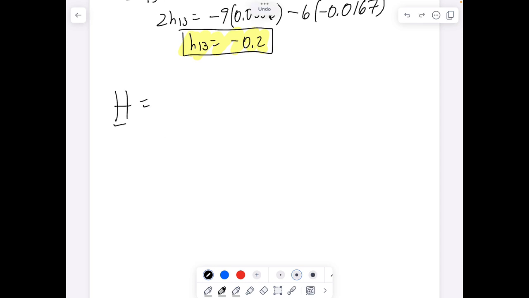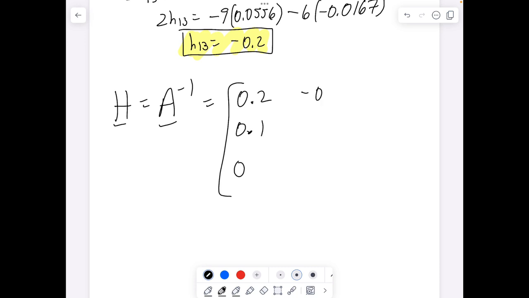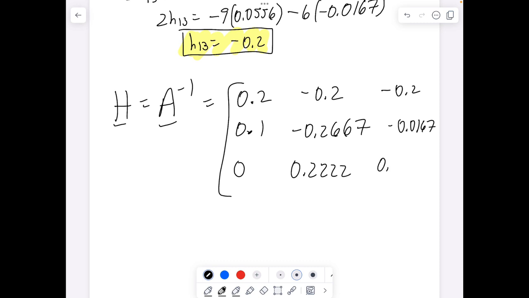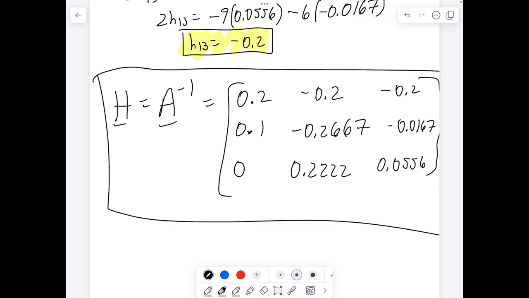And again, this is our inverse of A, which is 0.2, 0.10, negative 0.2, negative 0.2667, 0.2222, negative 0.2, negative 0.0167, and 0.0556. And that is our answer for the inverse.